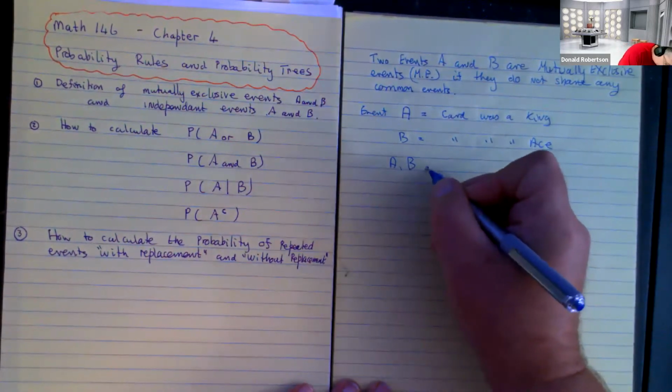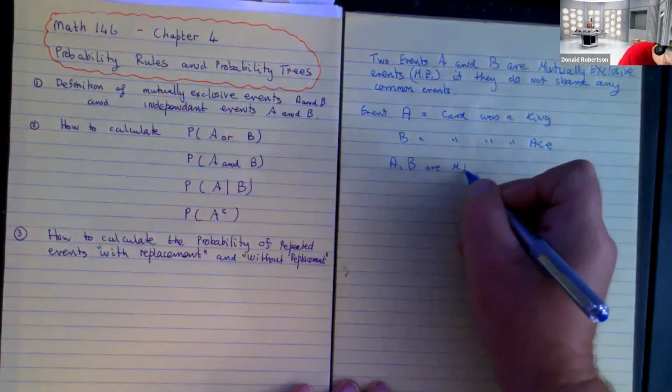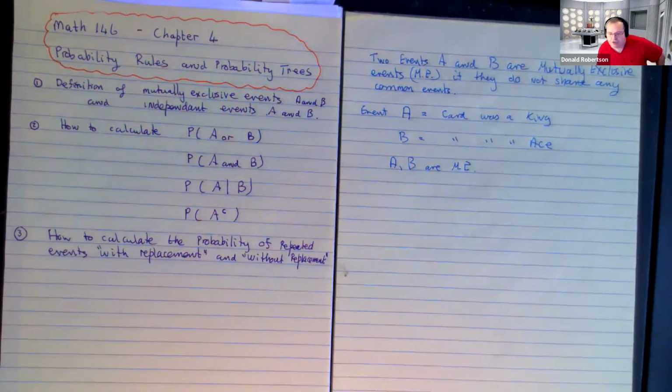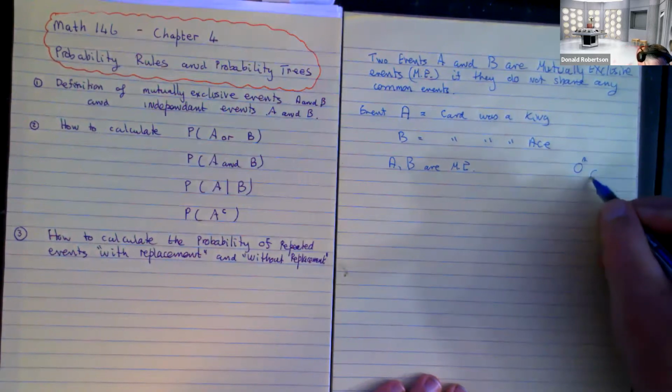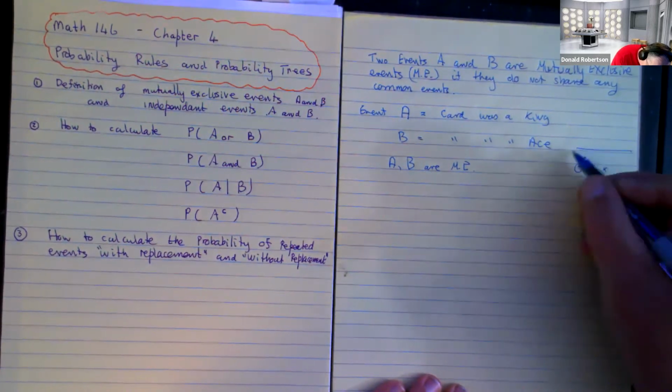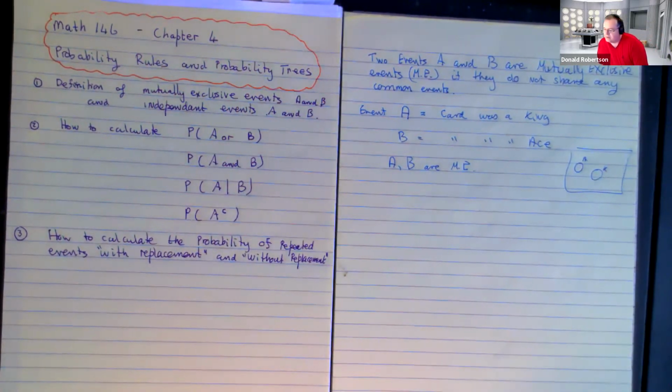A and B are mutually exclusive. Would you agree that if you're a king, you can't be an ace, and if you're an ace, you can't be a king, right? Now, there are four kings and four aces, right? But they're mutually exclusive, right? If you were drawing a little picture, couldn't that be all the aces and that would be all the kings, right? They're separate, right? You can't be one and the other at the same time. That's what mutually exclusive means.